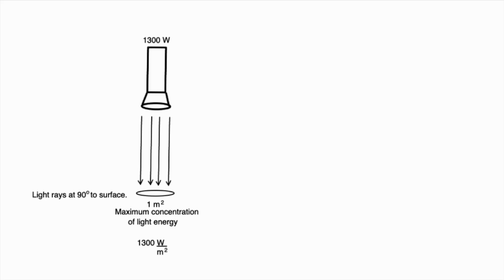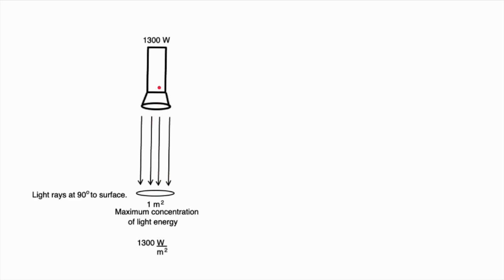So let's think of it this way to try to help you understand the role of this angle in terms of the heat energy on Earth. Let's just say I had a solar constant flashlight. I'm just going to round it to 1,300 watts just to make my life a little bit easier. If I shine it straight down on Earth, it makes a 1 square meter circular patch, and I'll find that there's 1,300 watts arriving at every square meter when I have it oriented perpendicular to the surface.